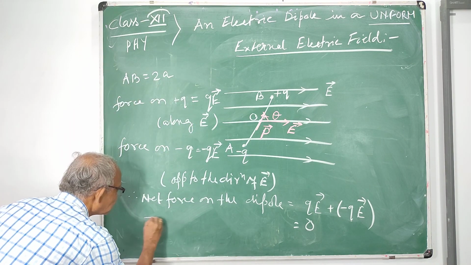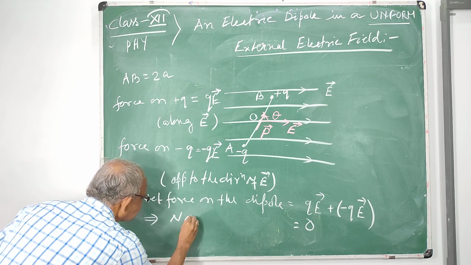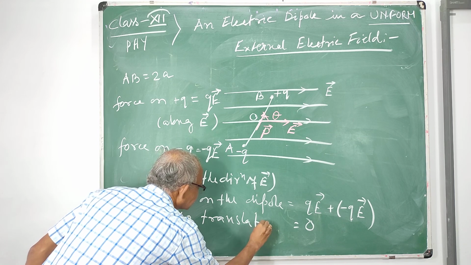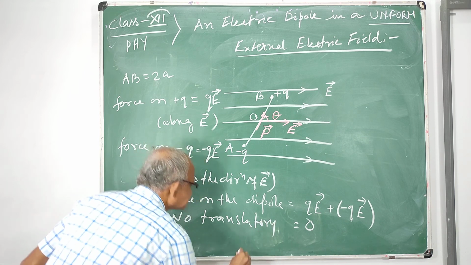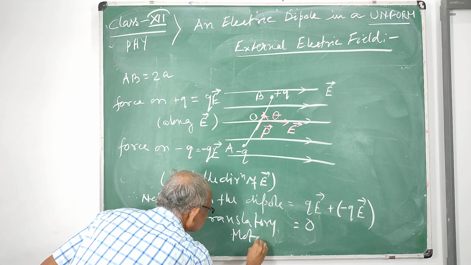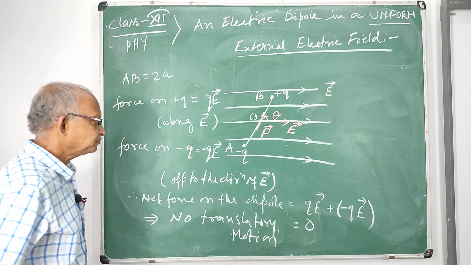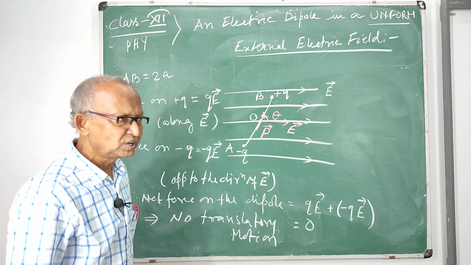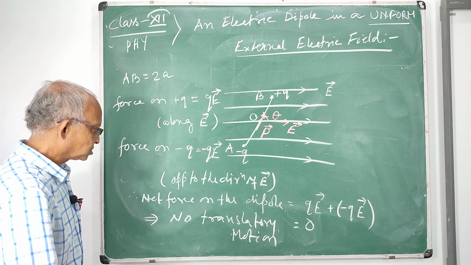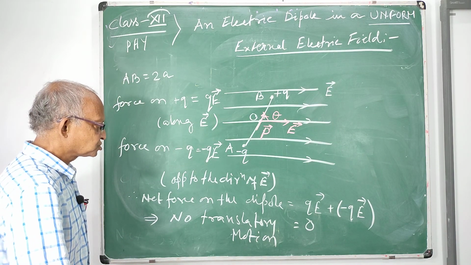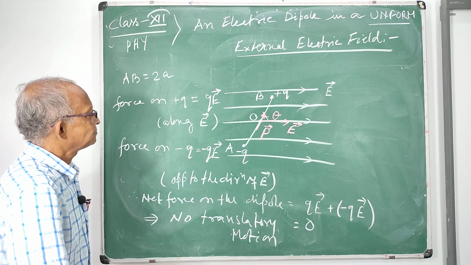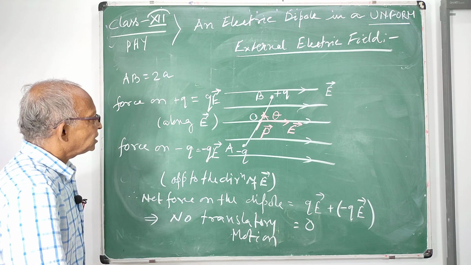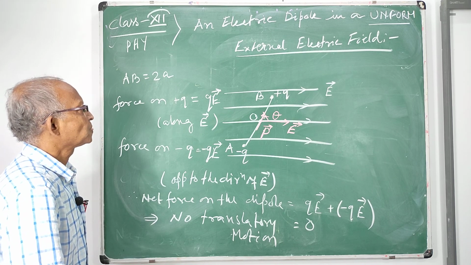So the conclusion is no translatory motion. We know from the conditions of equilibrium, net force is 0. So no translatory motion is noticed when a dipole is placed in a uniform electric field.